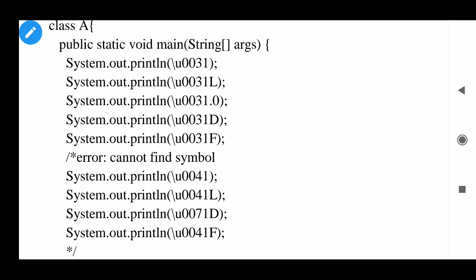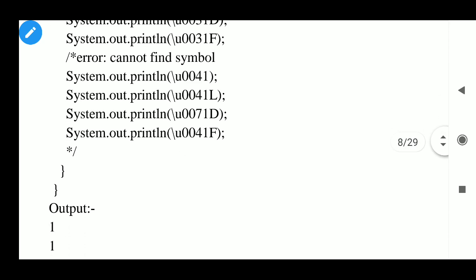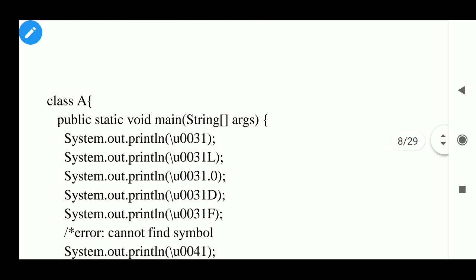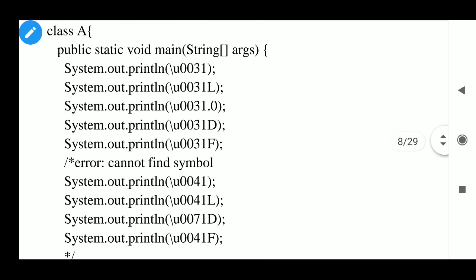Because we have used here D, F for float, L for long, D for double. You can see here in this program the suffix we have used, okay?